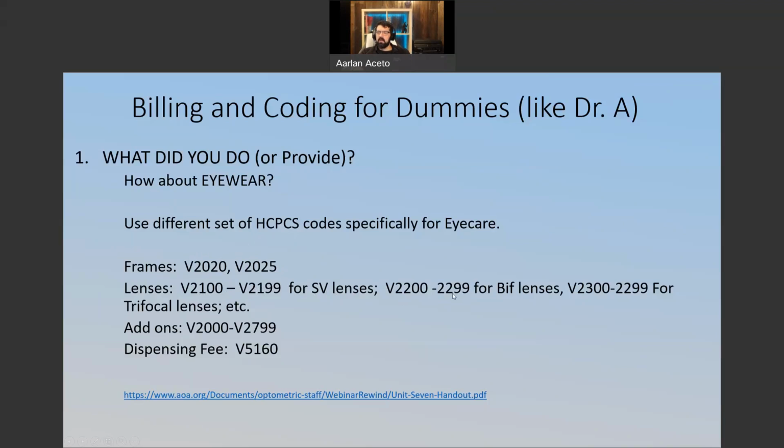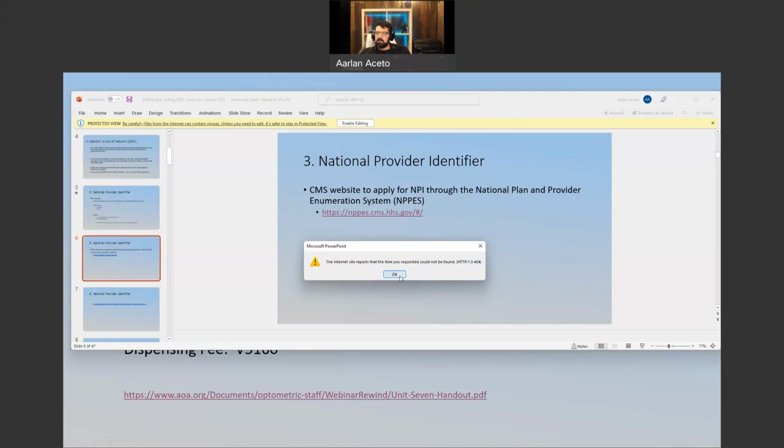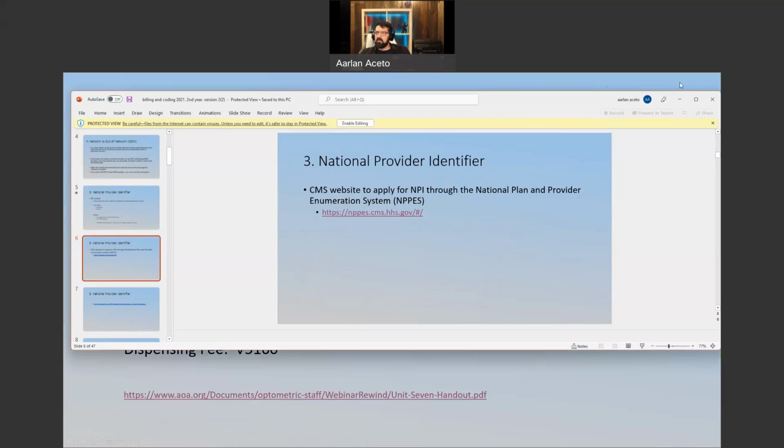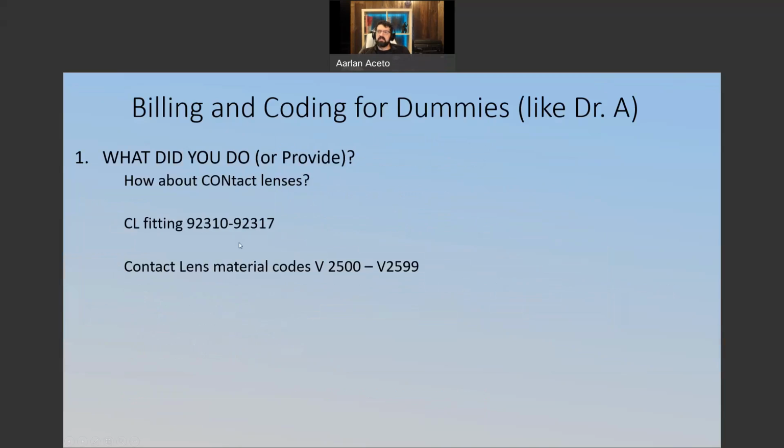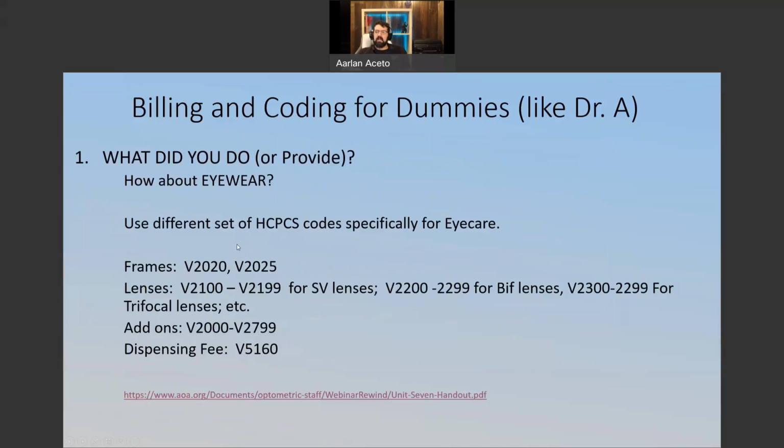V2200 to V2299 are all bifocal lenses, and V2300 to V2399, I should say, are for trifocal lenses, and then add-ons, dispensing fee, and I'll get into that in a second. All right, so it's not letting me have that, so that's okay. I'll give you some forms to look up these, but let me see if I can find one.